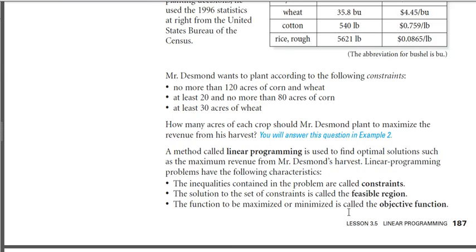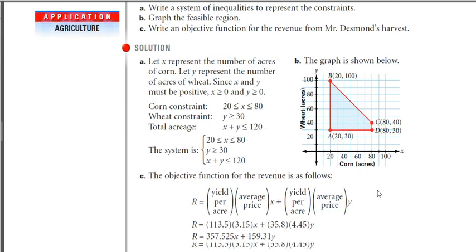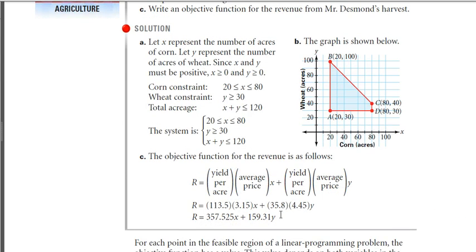he's going to get. Okay, and so they did that for us in the book, and I'm going to save us a little bit of time and say it's right here. R equals 357.525x plus 159.31y. That's how much he earns per acre of corn, and that's how much he earns per acre of wheat.